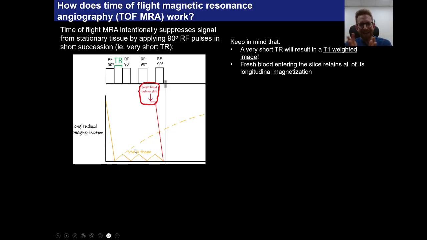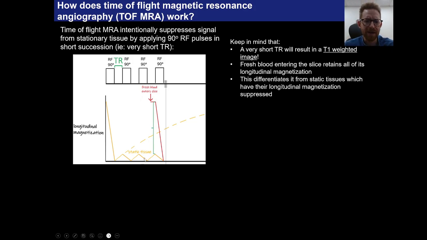By tightly spacing these 90-degree radio frequency pulses, we're decreasing the amount of time for recovery of longitudinal magnetization. So that's how we're suppressing the longitudinal magnetization of the stationary tissue. The fresh blood has tons of longitudinal magnetization, but the stationary tissue has very little as a result of the preceding tightly spaced 90-degree radio frequency pulses.